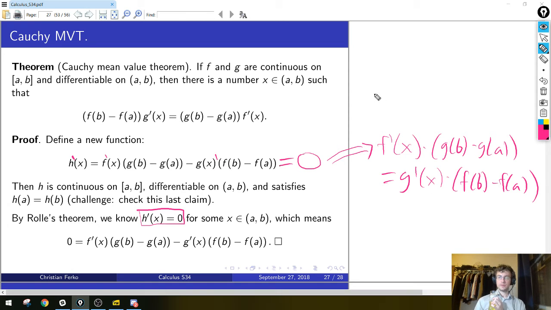So we know there exists an x such that this is true, but that's exactly what we wanted to prove, right? That was the statement of the theorem's conclusion. So by Rolle's theorem, we have found a point x where the conclusion we wanted to show is true. So we're done.